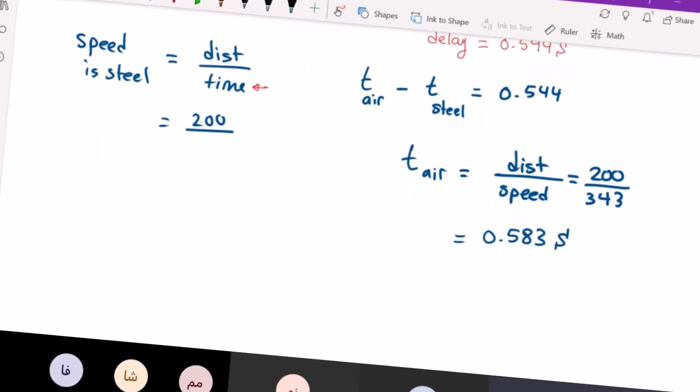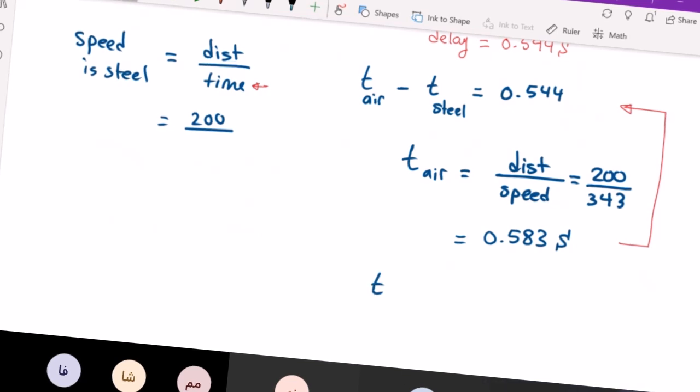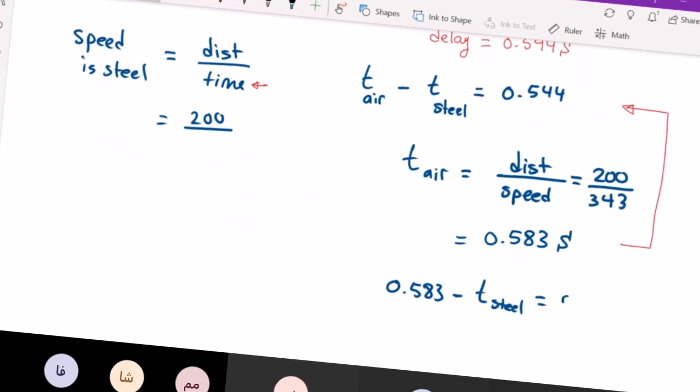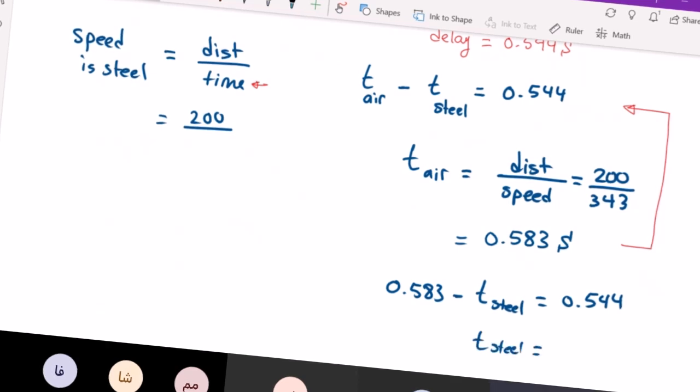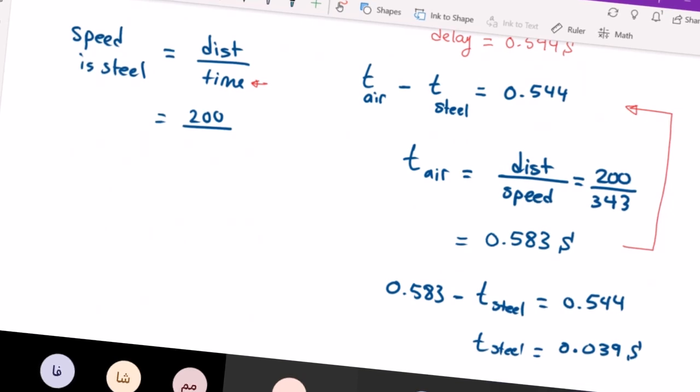Now substitute this in this equation, guys. So this becomes 0.583 minus the time in steel equals 0.544. So the time in steel is equivalent to 0.039 seconds. Okay, fine. Is that clear?